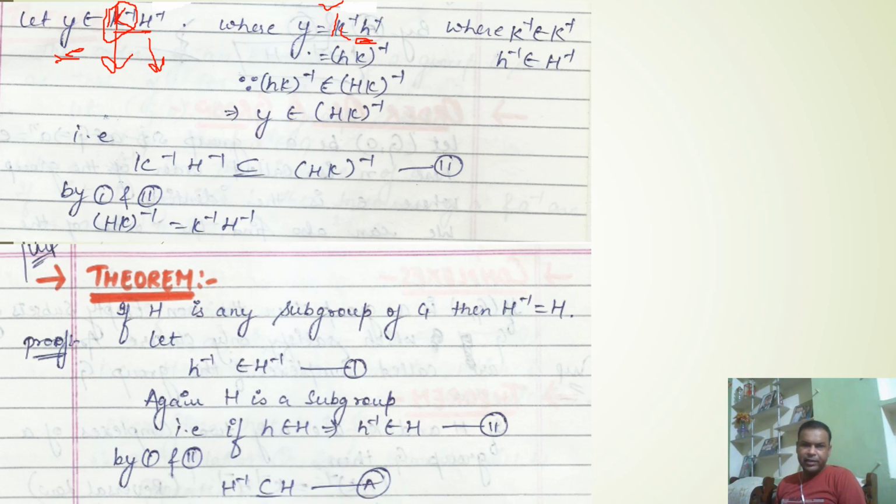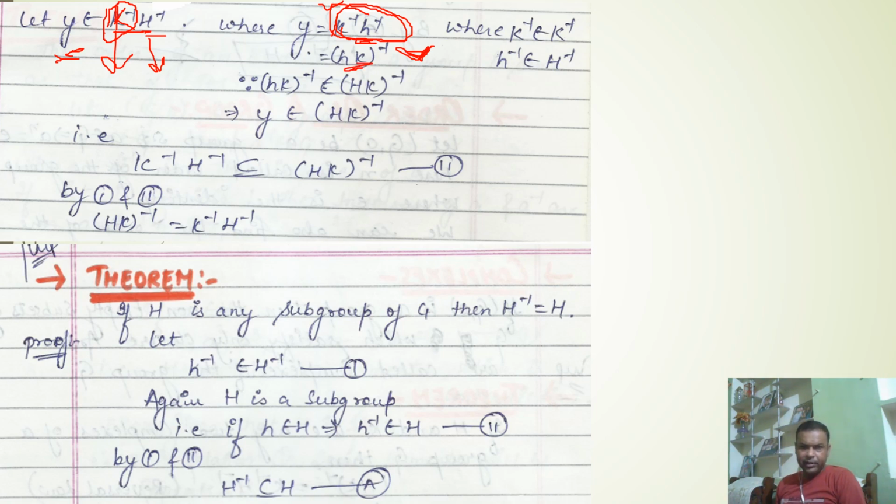Now we know the reversal law of the inverse of the product of two elements. Again we are taking the same property which I discussed on the previous slide. It means y, which was considered in the form of k inverse h inverse, is equal to the form (hk) inverse.